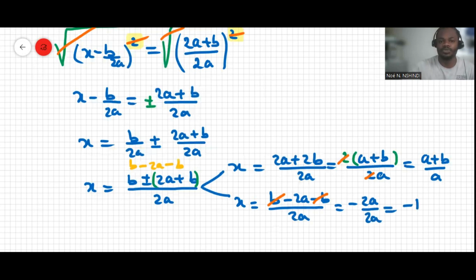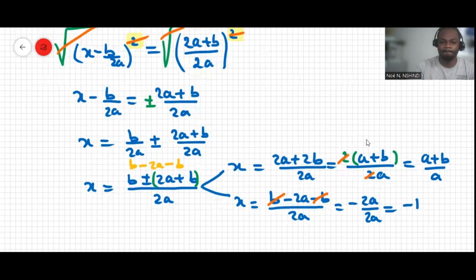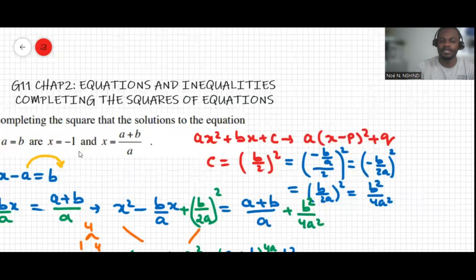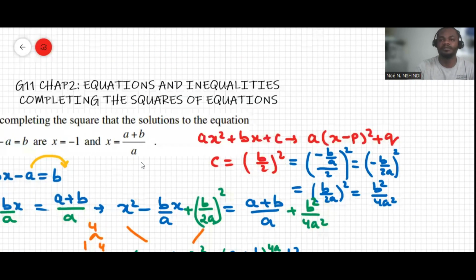So those are the 2 solutions. What we had to prove: x is equal to a plus b over a, x is equal to negative 1. These are the solutions that we see there. Thank you.